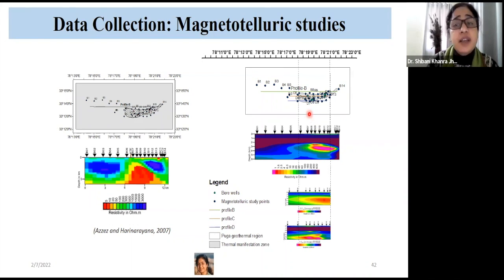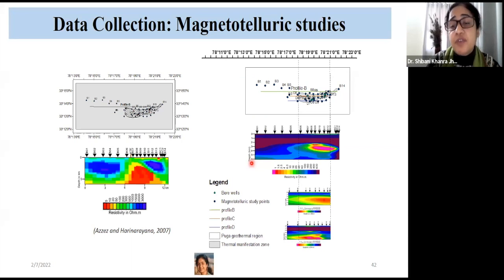So different profiling has been done, profiles B, C, and D. Those are different vertical profiles, where the resistivity data was collected for a much greater depth, which was not possible from the bore well. It was done, and 6 kilometer or 10 kilometer depth has been achieved.